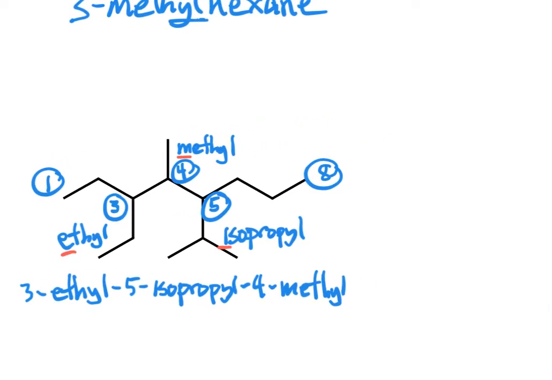And then it's an 8-carbon chain, so then this is going to be octane. OCT is for 8 carbons, ANE again, because all the carbons are singly bonded. So the full name of this is 3-ethyl 5-isopropyl 4-methyl-octane. See that? It just kind of rolls right off of the tongue.